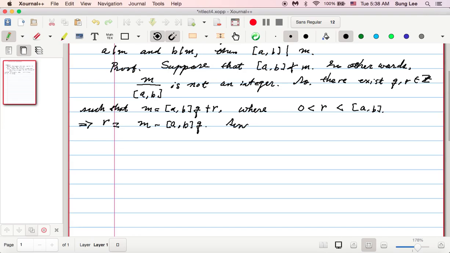Since a divides m, by the assumption, and also a divides, obviously, the least common multiple of a and b, a must divide r.